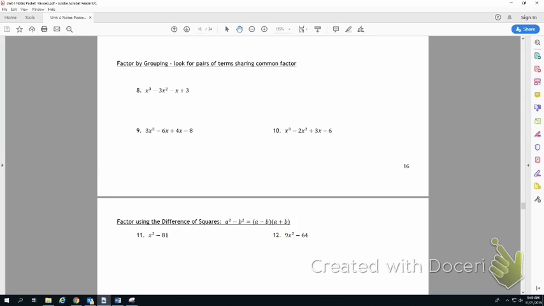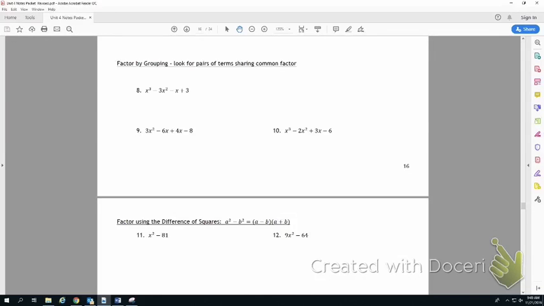So this is a new way of factoring that we hadn't talked about yet, called factor by grouping. Looking at these 3 problems, what do you notice about them that's different than what we've seen so far? There's 4 terms, which is a big indicator that you could use this method.